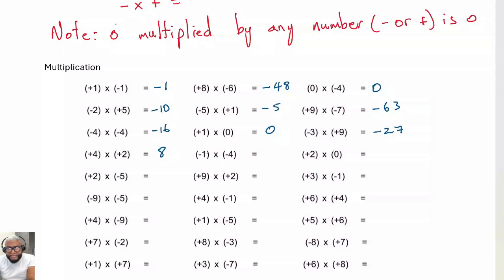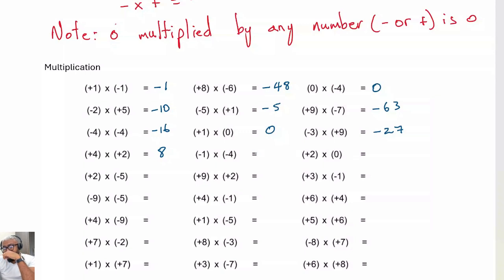Francis, -1 by -4. -4, sir. Say it again. Negative what? -4, sir. So a negative multiplied by a negative is a negative.